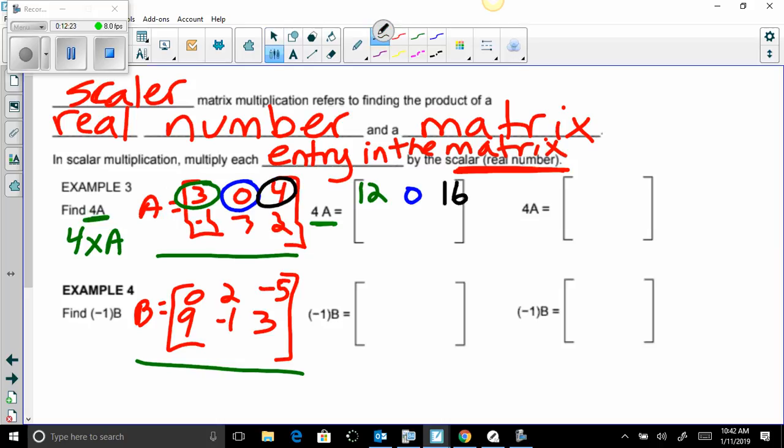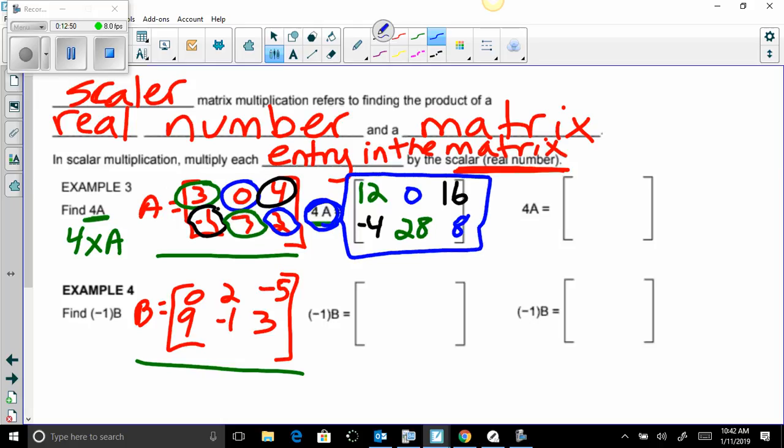I've completed that top row. 4 times negative 1 is negative 4. 4 times 7 is 28. And the last one, 4 times 2 is 8. So I have successfully multiplied that real number by the matrix. And here is my answer.